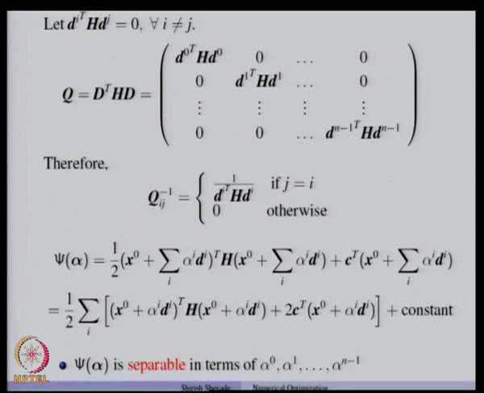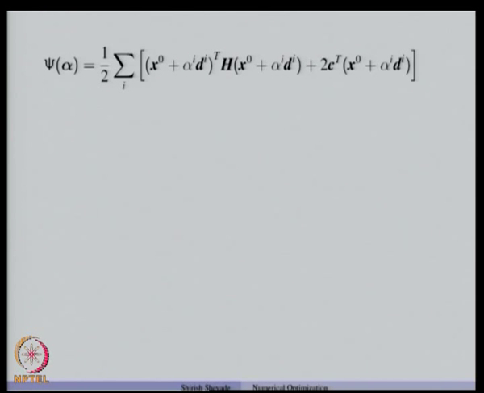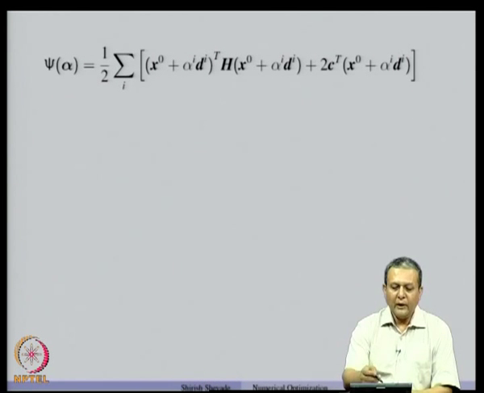So, the function psi alpha is now separable in terms of alpha 0 to alpha n minus 1, and once we have this separability, it is easy to optimize this objective function individually in terms of alphas. So, let us see how to do that.